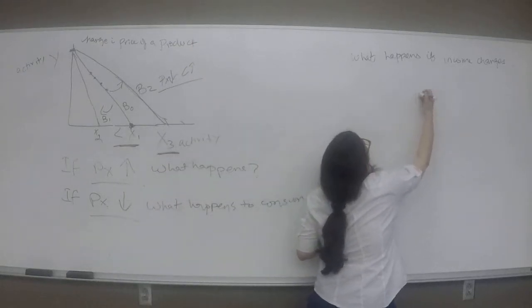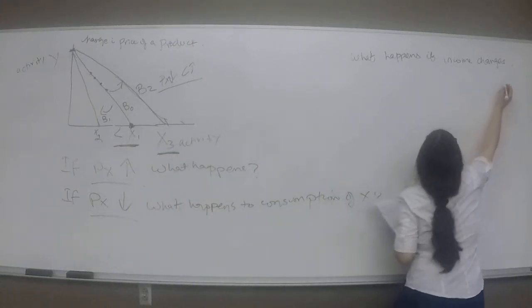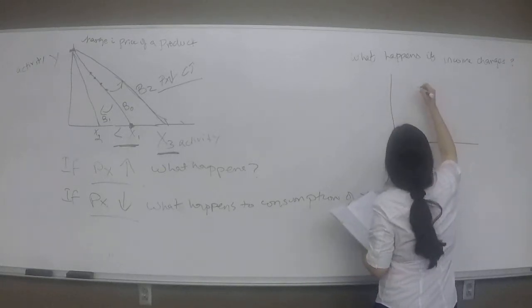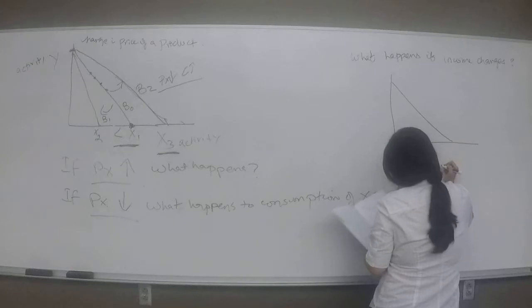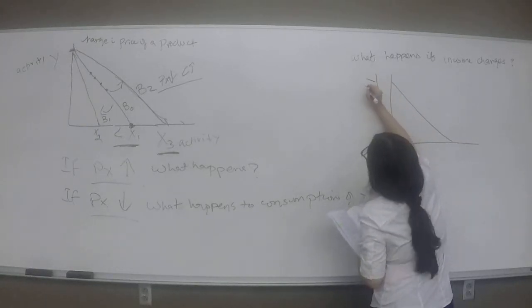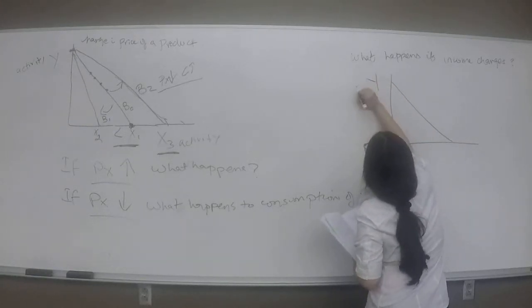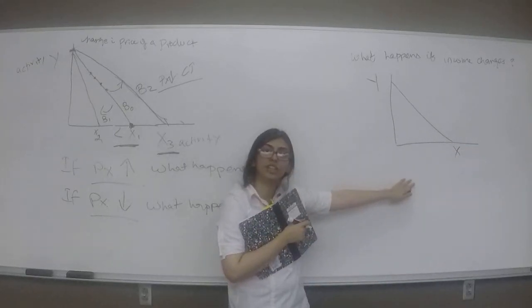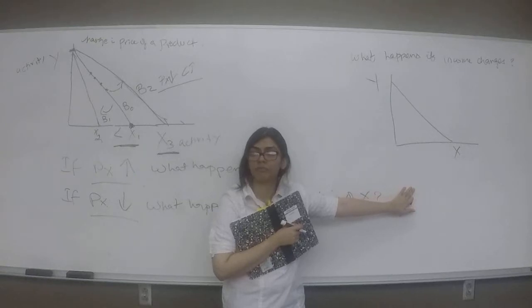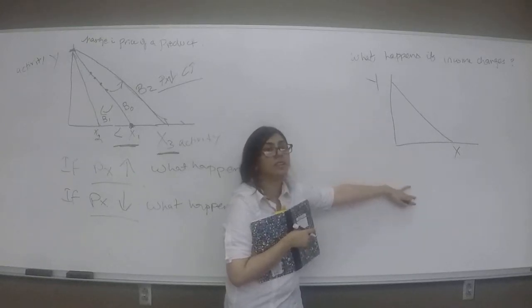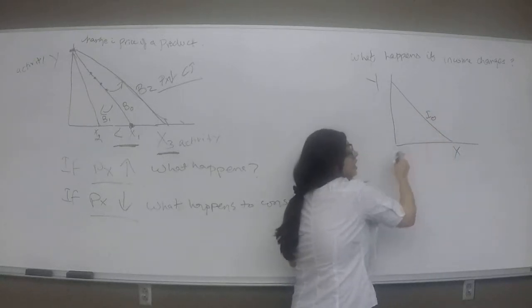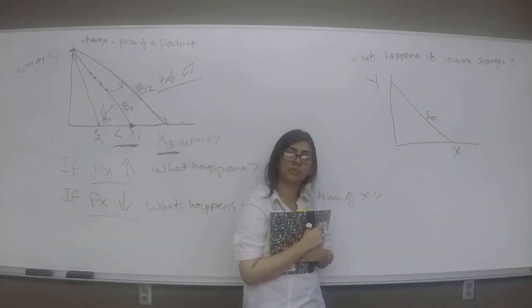This is a change in income. This is activity Y, activity X. So we're still talking about the same activities you do with your income. Activity Y and X. This is your initial income budget line.